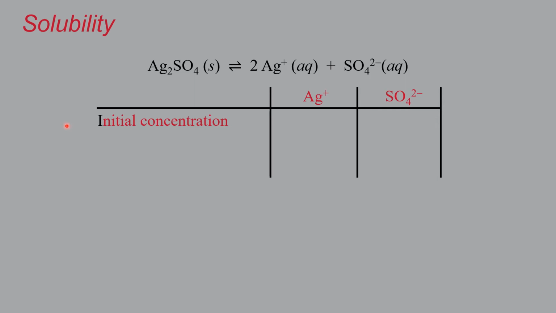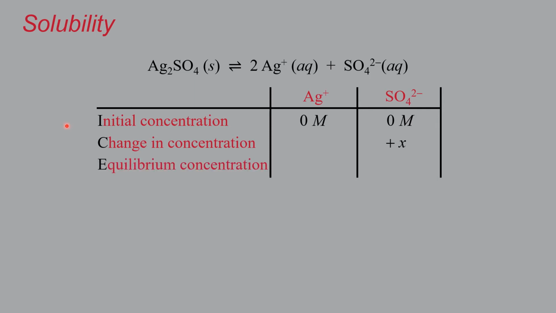Initially, we're just going to assume that we have none of these, which means we can assume some forward progress to make some. Now you want to pay attention to the stoichiometry here. If the change in the sulfate concentration is going to be x molar, then the change in the silver concentration is going to be twice that much, giving us 2x molar. And now the chemistry is pretty much done.